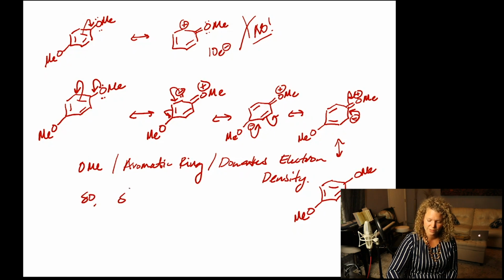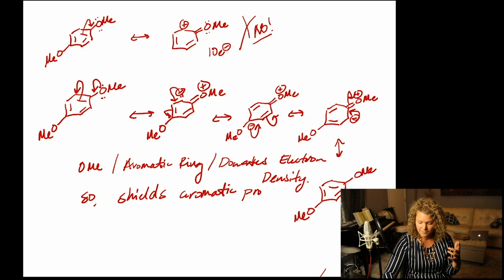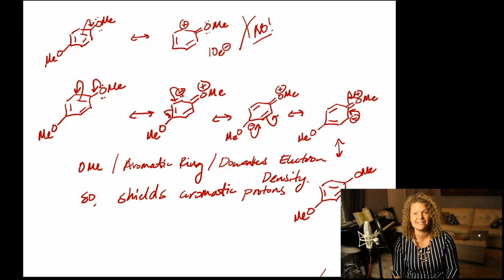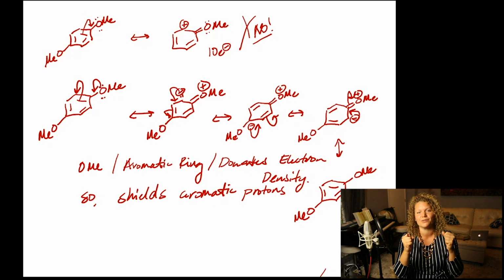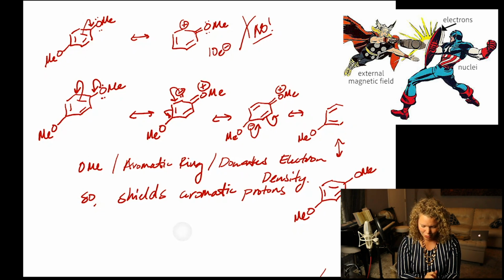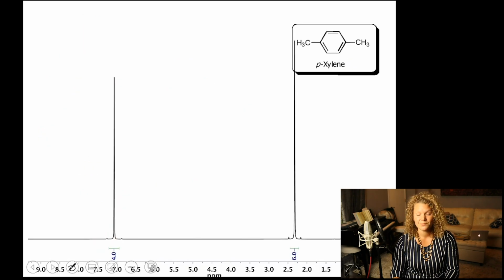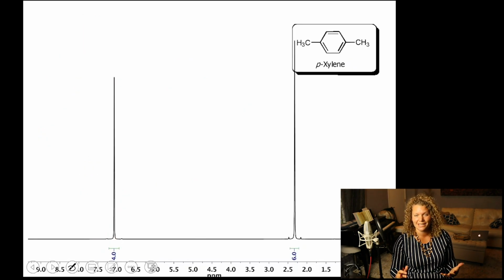So it shields these aromatic protons. More electron density, more shielding. Think about that shield of electrons, and that's going to shift it to lower ppm. All right, let's add another one to this equation.